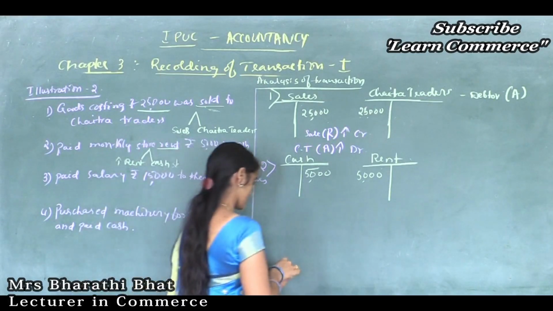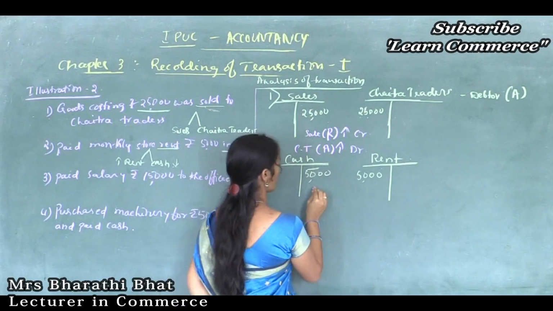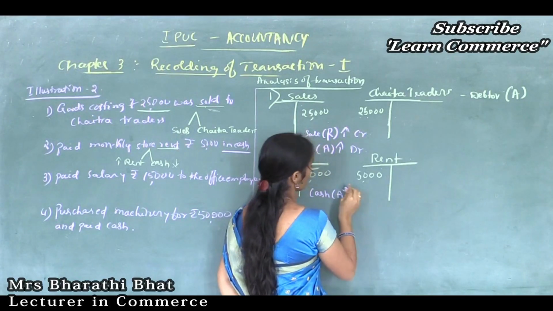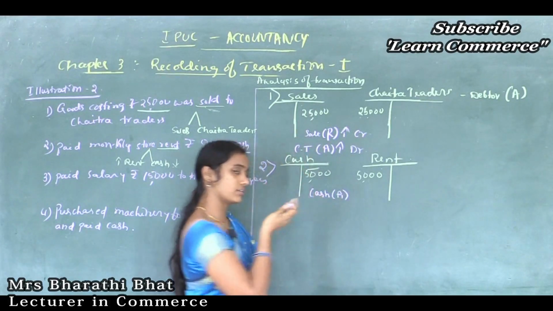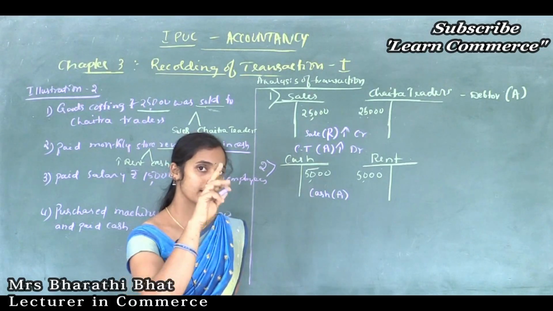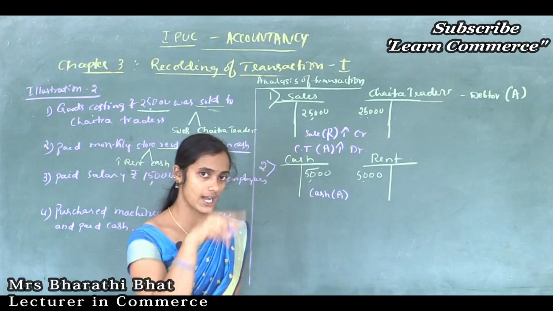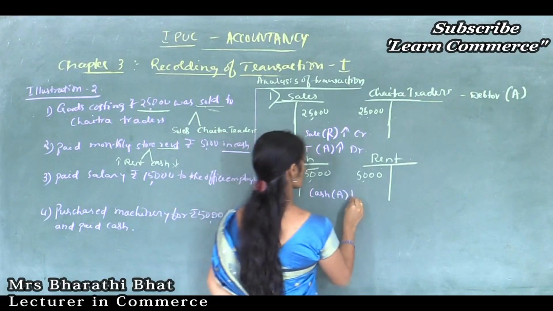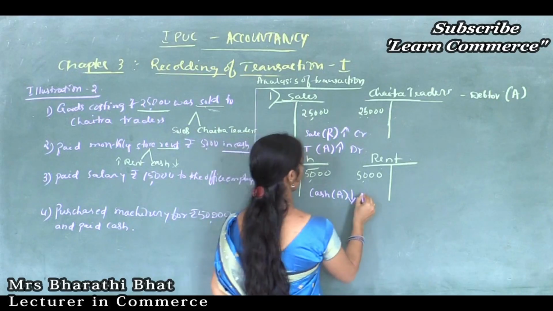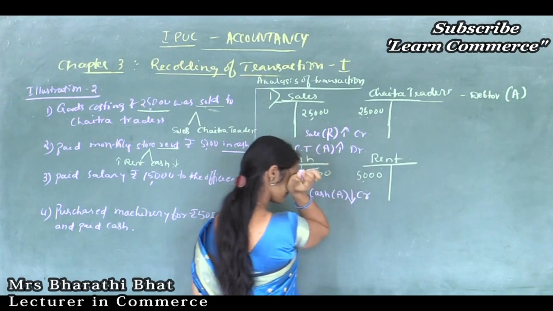Okay, so just analyze this. One is cash. Cash is considered as asset. At the time of payment of rent or salary, our cash reduces, meaning our asset reduces. So decreases in asset is to be credited.